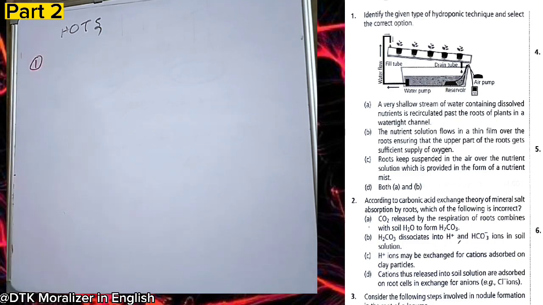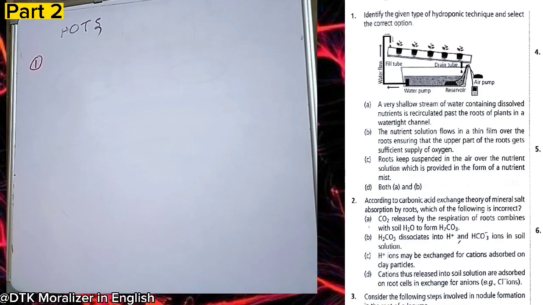Our first question is: identify the given type of hydroponic technique and select the correct option. A very shallow stream of water containing dissolved nutrients is recirculated past the roots of plants in a watertight channel. The nutrient solution flows in a thin film over the roots, ensuring that the upper part of the roots gets a sufficient supply of oxygen.